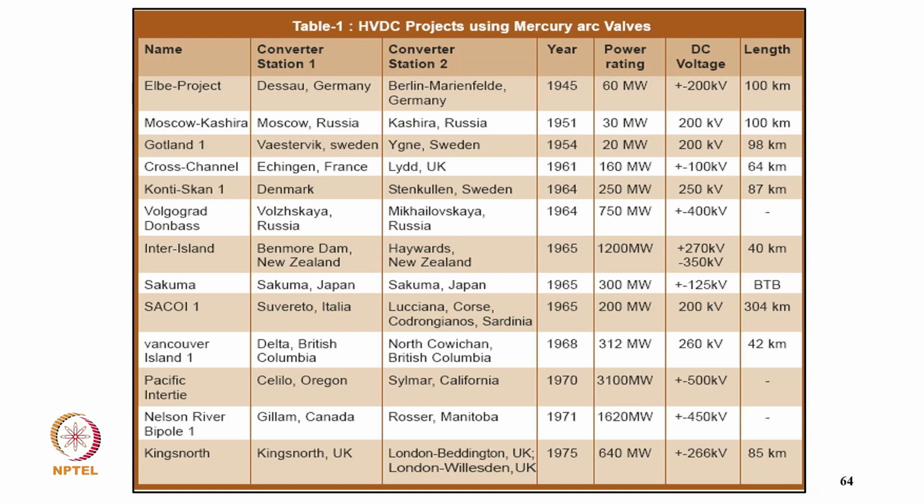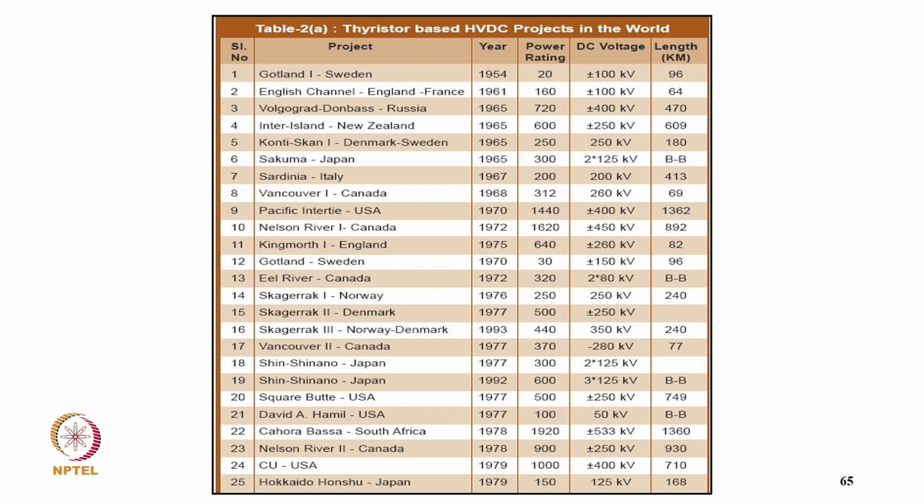This was with the mercury arc valve, so a number of projects were installed in the world. Then the table with thyristor based HVDC, typically around 25 projects.